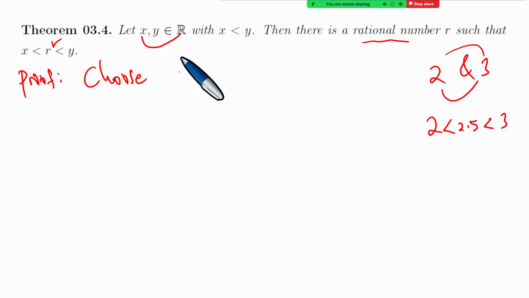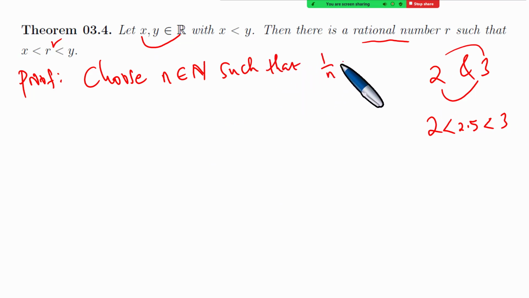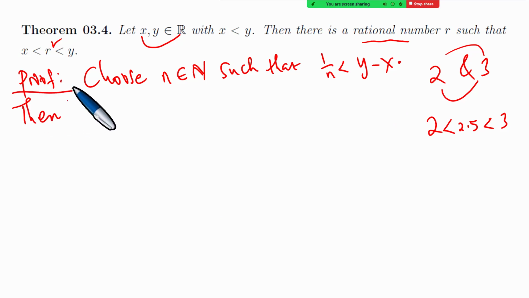So choose a natural number n such that 1 over n is less than y minus x. Then x is less than y minus 1 over n.